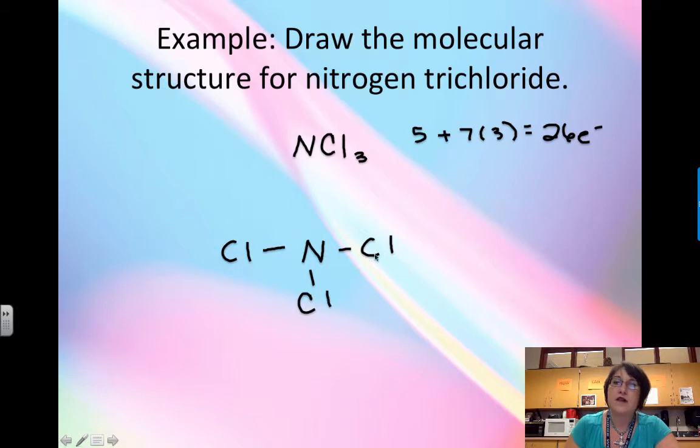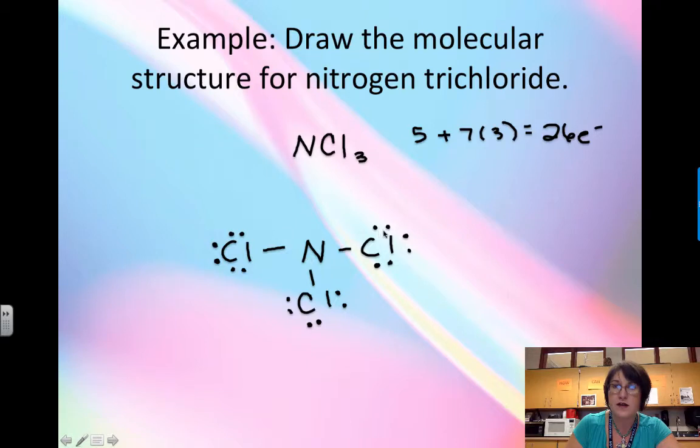So I have 6 electrons now. Let's give chlorine more electrons. So we'll fill in octets for all of the chlorines because they're not going to form double bonds, so it makes sense just to give them their octet. And that brings us up to 24 electrons used, right?